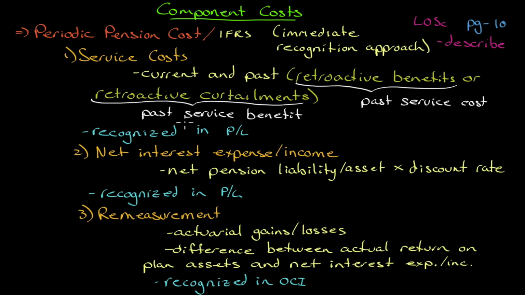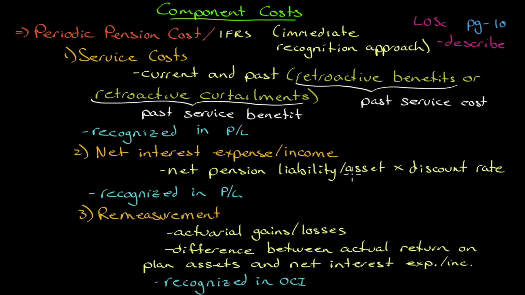I'm curtailing them. That would be my past service benefit. No matter how it comes about, current and past service costs / benefits would be recognized in P&L. Boom. There we go. That's nice and neat. That's simple. It's recognized in P&L. Let's move on to the next one. Net interest expense and net interest income.